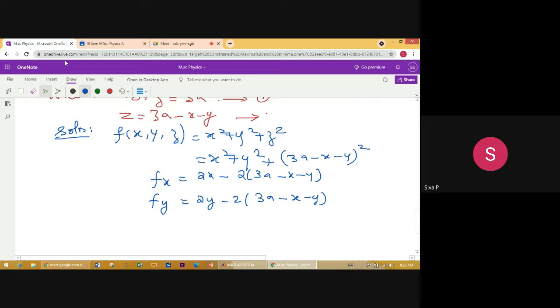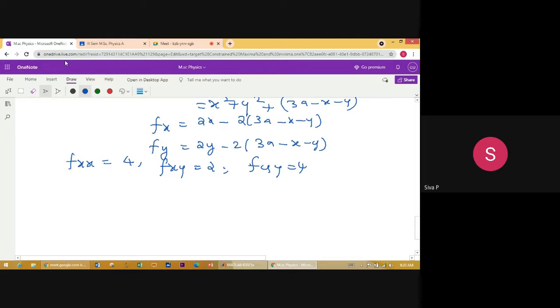So what is fxx? fxx is 4, fxy is 2, fyy is 4. We take first order fx equal to 0, fy equal to 0.